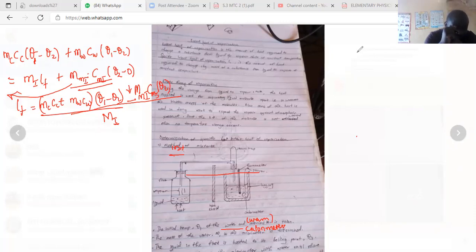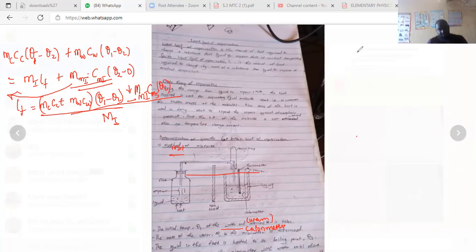So some of the work is being done to expand the vapor against atmospheric pressure. And now, since the kinetic energy of the molecules is not altered, the temperature will end up remaining constant. But otherwise, if the kinetic energy was changing, then we would also have a change in temperature, since kinetic energy and temperature are directly proportional to each other.